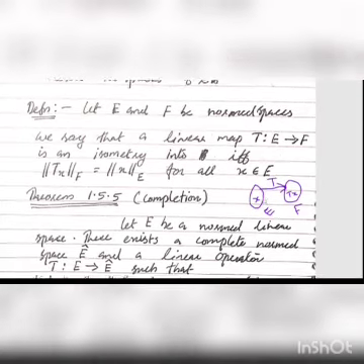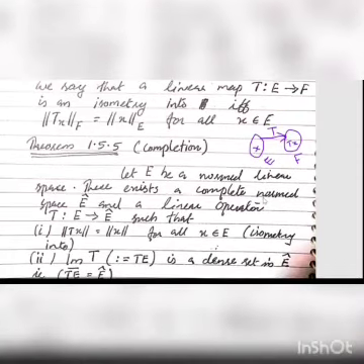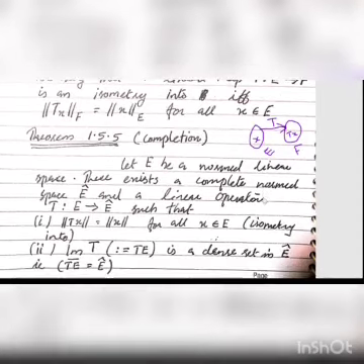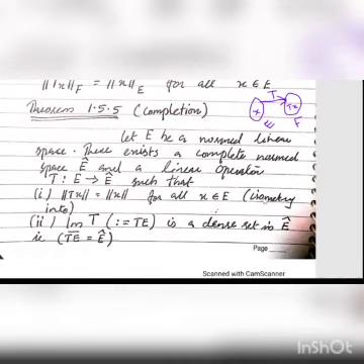Now we will prove the core of our chapter, that is, if a normed space is given, there exists an extension of that as a complete normed space. Okay, so the completion theorem. Let E be a normed linear space. There exists a complete normed space E hat and a linear operator T from E to E hat such that the norm of Tx is equal to the norm of x.